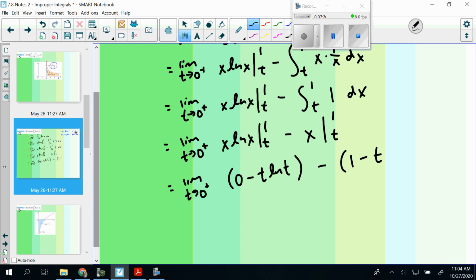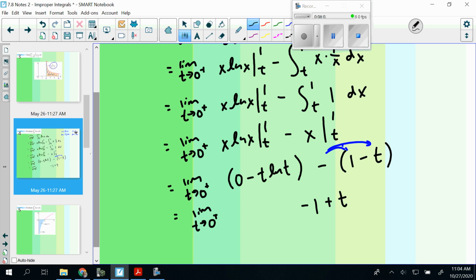If we put t in, we get t. So on this one, we're going to have to distribute that negative sign. And then we're going to end up with -1 plus t. And that one's easy to figure out as we go to 0. That's just going to be 0.